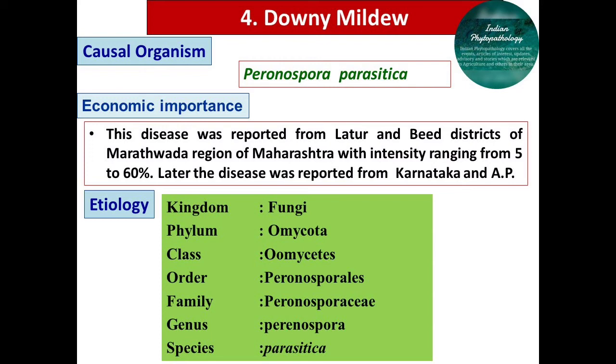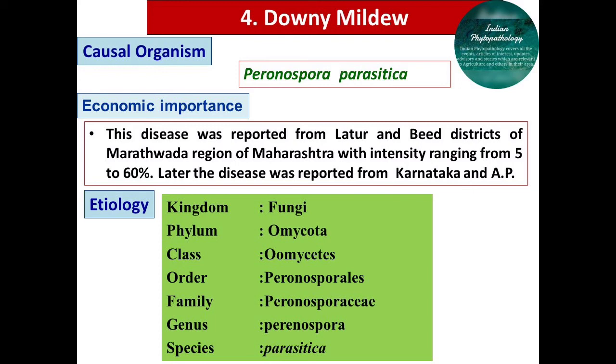Dense plantation is responsible for development of this disease. To maintain proper spacing, you have to use 60 by 30 centimeter or 45 by 30 centimeter spacing, which is optimum and recommended, so that we can avoid the incidence of this disease.